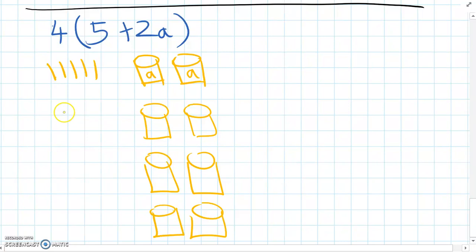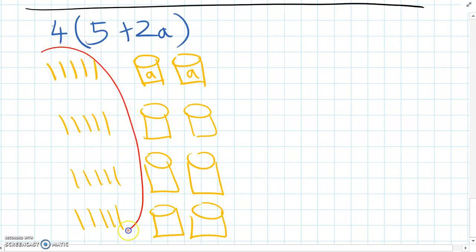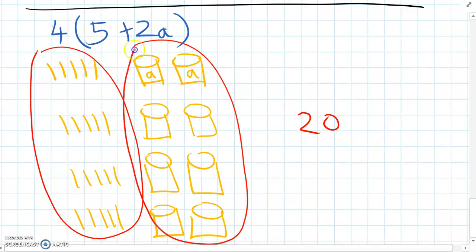And then we had our 5 straws. We need another group of 5, and another one, and another one. And now let's group the similar objects. We've got 4 groups of 5, which is 20 straws, and 4 groups of 2 a's. So this is 8 a's in total, plus 20. So that's the expanded form there.